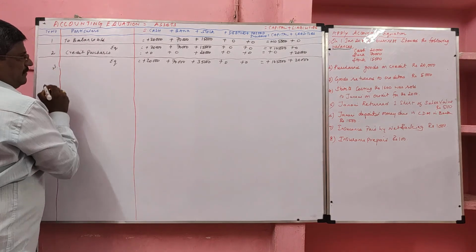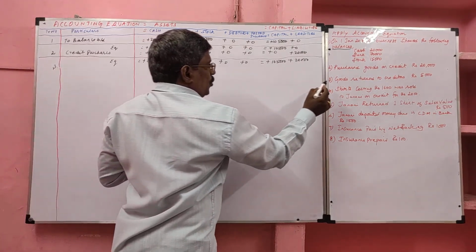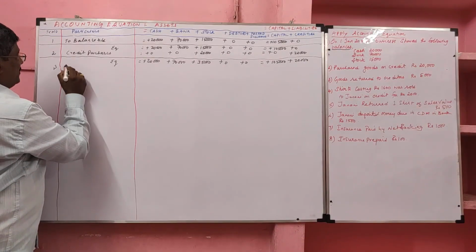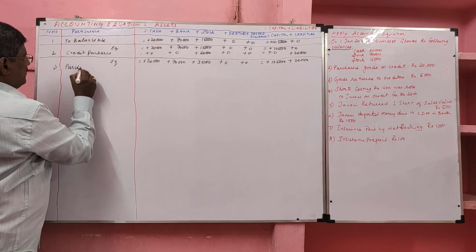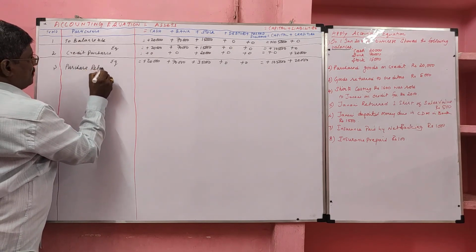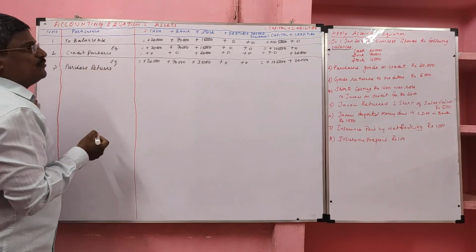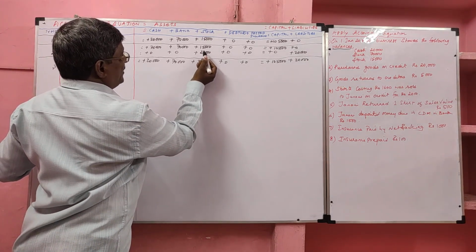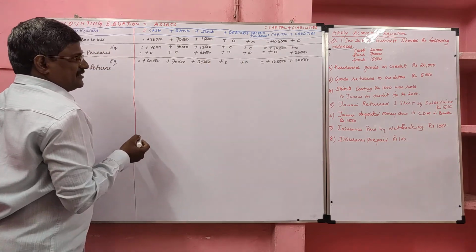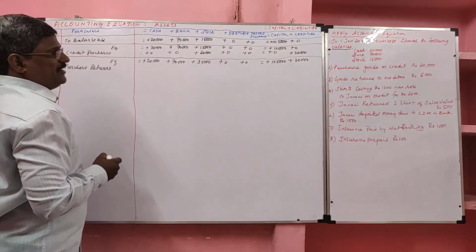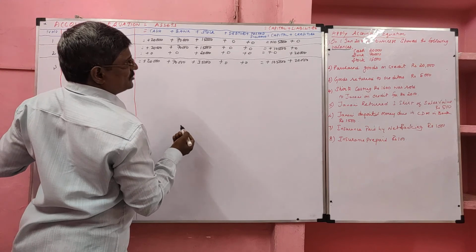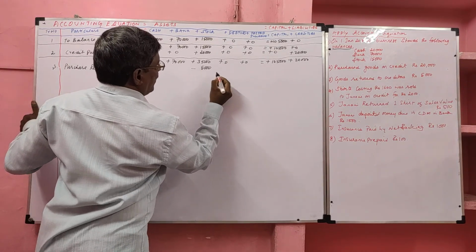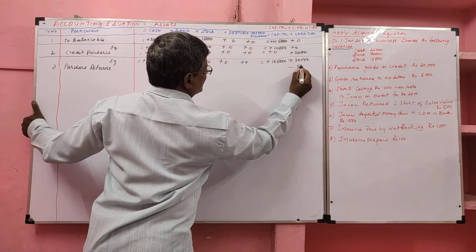Then transaction 3. Goods returned to creditor. When we return goods to the creditor, we can term it as purchase return. Just now we bought goods from creditor, stock increases, creditor also increases. When we return goods to the same creditor, what happened? We have to give the opposite effect. The value is 5,000. So stock decreases, creditor also decreases.